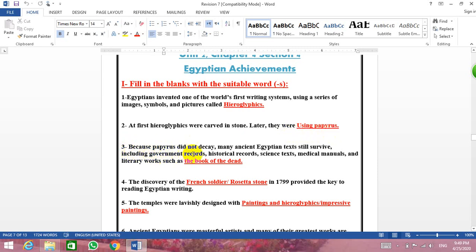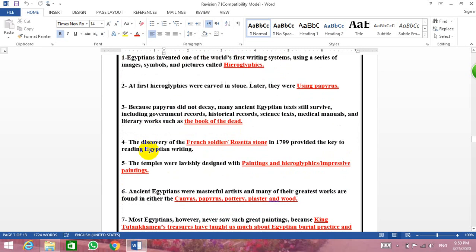Because papyrus did not decay, many ancient Egyptian texts still survive, including government records, historical records, science texts, medical manuals, and literary works such as the Book of the Dead. Because they used papyrus, we still have their records.